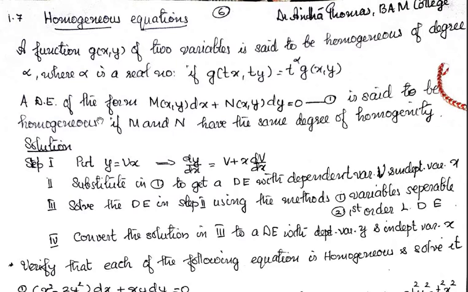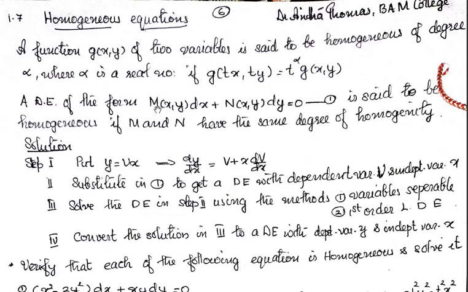Now, differential equation. A differential equation of the form M of x comma y dx plus N of x comma y dy equal to 0 is said to be homogeneous if M and N have the same degree of homogeneity.